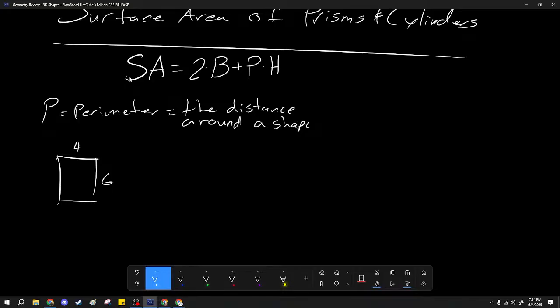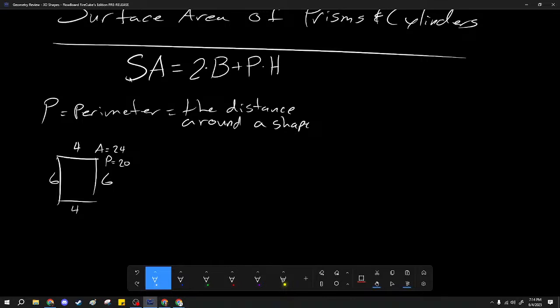So 4 plus 6 plus 4 plus 6. So in this case, the area would be 24, and our perimeter would be 20. 4 plus 6 is 10. 10 plus 4 is 14. 14 plus 6 is 20. So the only new thing we're adding into our equation is the perimeter. Everything else kind of holds.